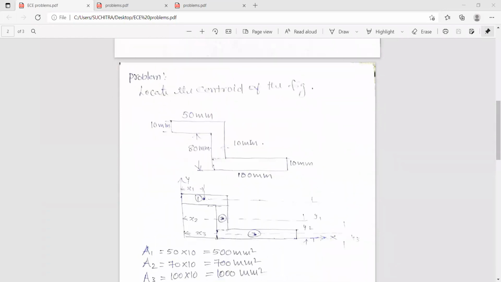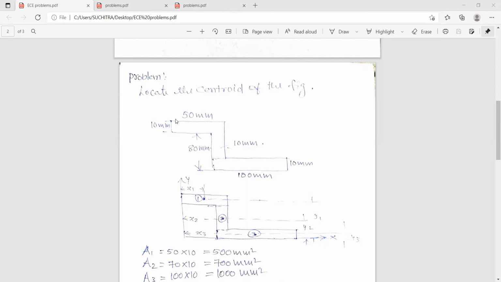So next we shall discuss one more problem. Here you have a figure in the form of a Z shape, and this width is 50 millimeters, and this is 100 millimeters, and this depth is 10 millimeters, and from here to here it is 80 millimeters, and this width is also 10 millimeter, and this width is also 10 millimeter.